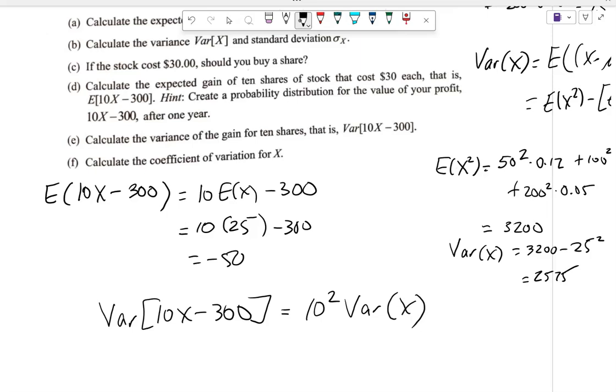Good. Yeah, 10 squared times the variance of x. And we just found the variance in the previous step over here. So you get 257,500. Multiplication by 100 is something I can do in my head. That okay?